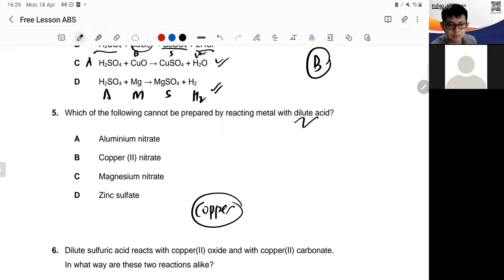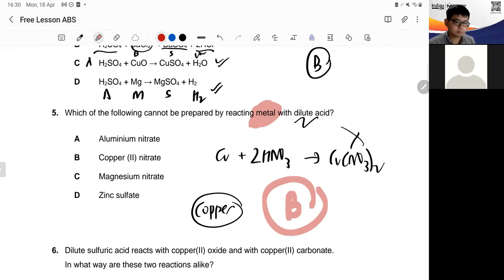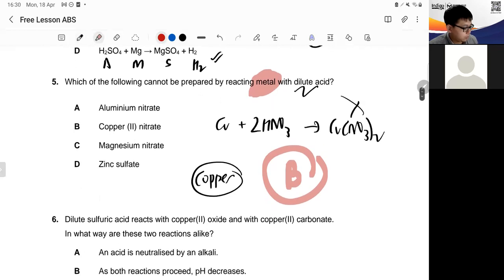So if you look at these four rows, you'll find that I cannot use this and this to form copper nitrate. I can use copper oxide, copper carbonate, but the copper metal itself cannot. So the answer is D. Moving on.